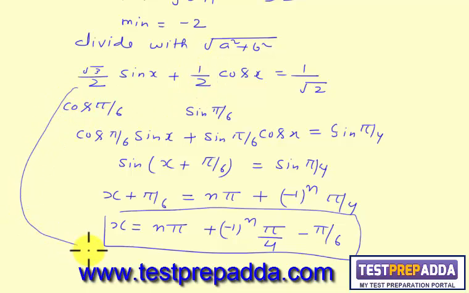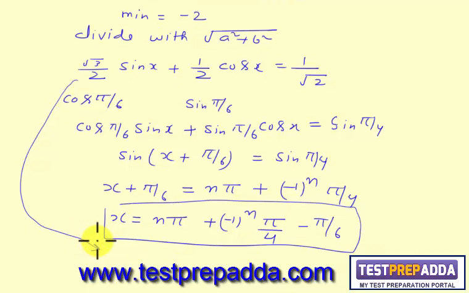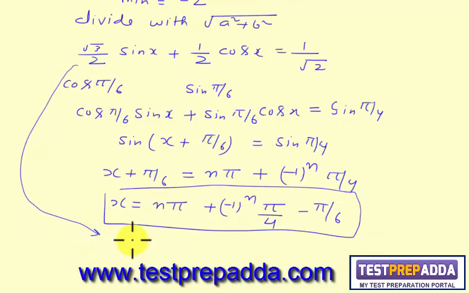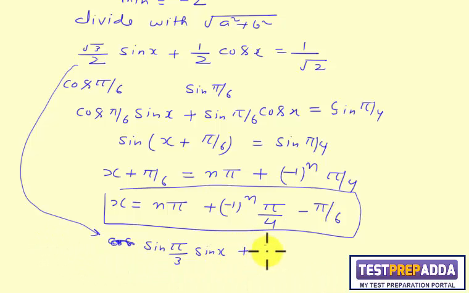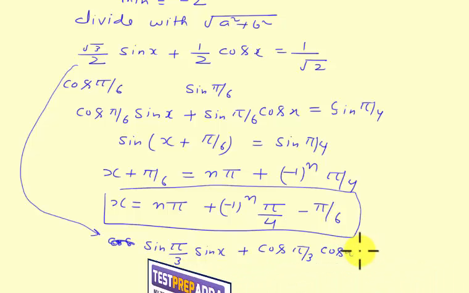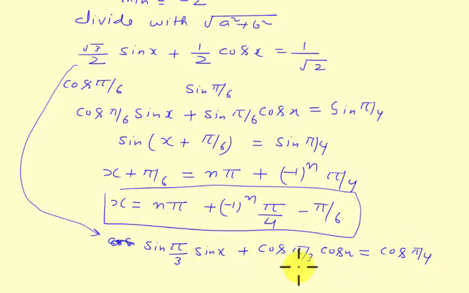So another approach will be here. I can write this as sin pi by 3 sin x plus cos pi by 3 cos x is equal to, now 1 by root 2 I can write as cos pi by 4.